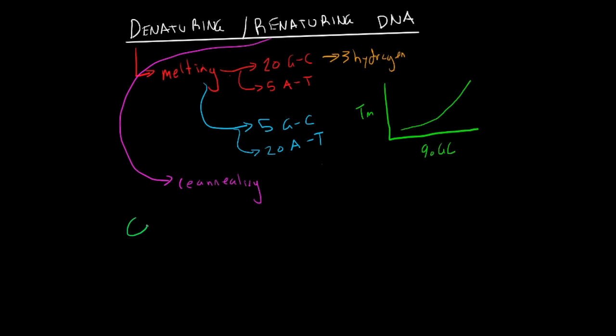So if we have a human right here, and we put his DNA into a flask or a petri dish, and then we take this bacterial DNA right here, and we put it in the petri dish, and then we denature them, so they both end up being single-stranded molecules. So we have these two single-stranded molecules. You can re-anneal these, so these come together, and now you have a hybrid between the human and the bacteria.